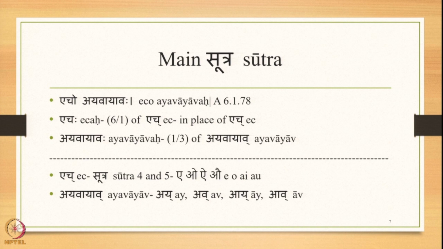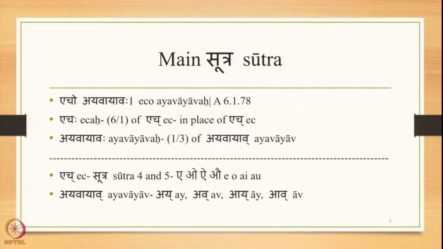Ech is a pratyahara formed by capturing the sounds that appear in sutras 4 and 5 in the pratyahara sutras. So there are 4 sounds which are part of ech, namely E, O, Ai and Au.